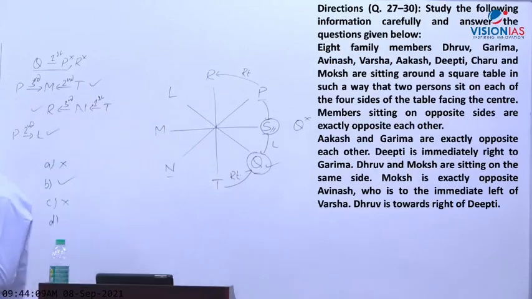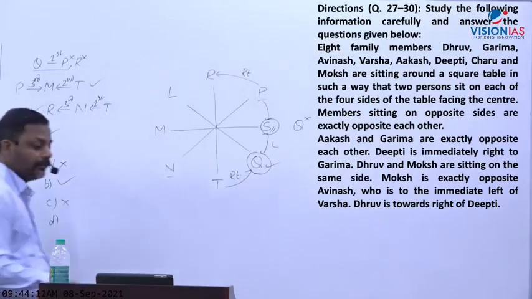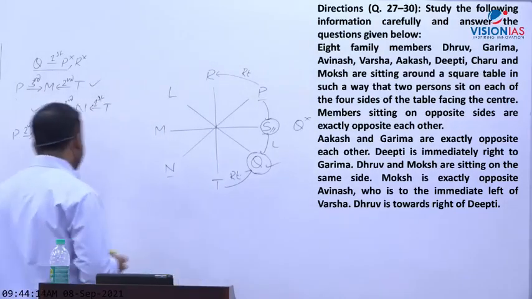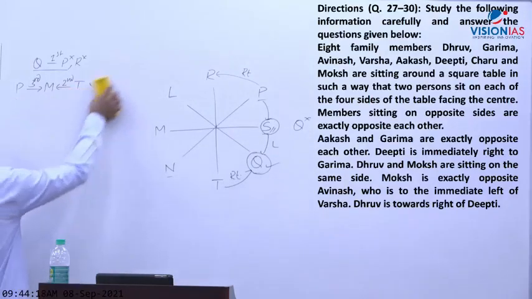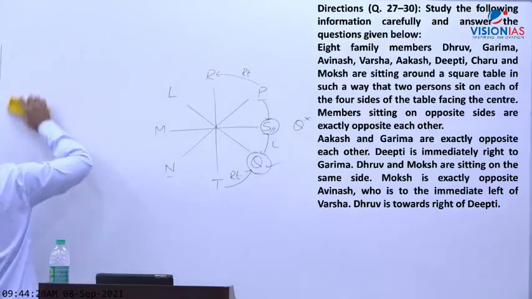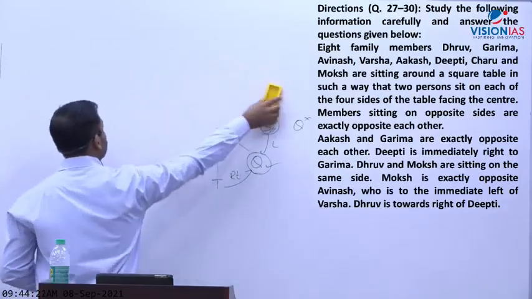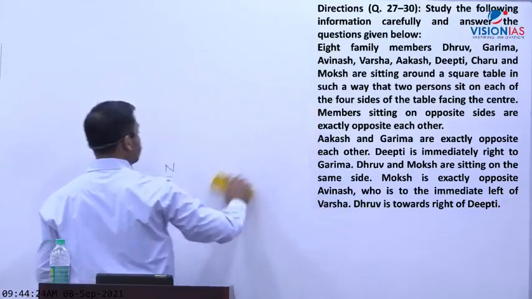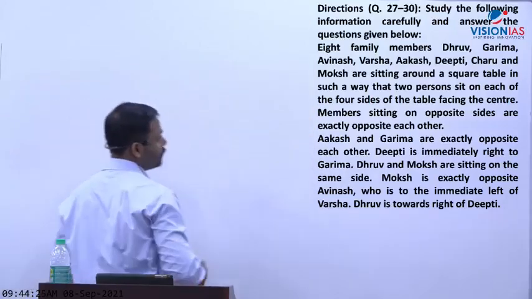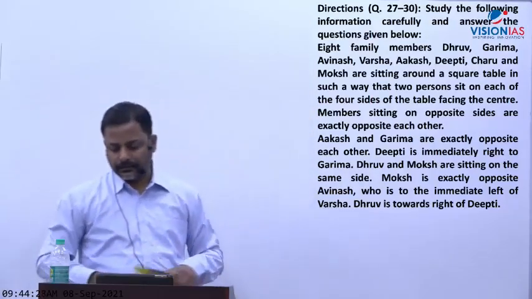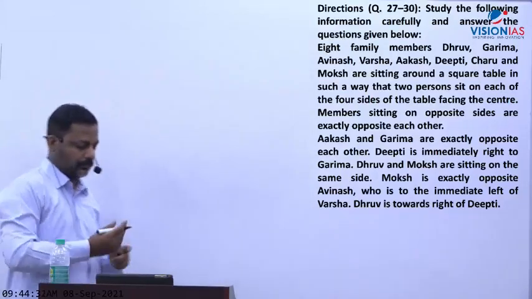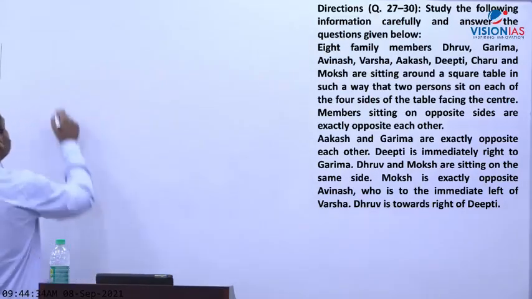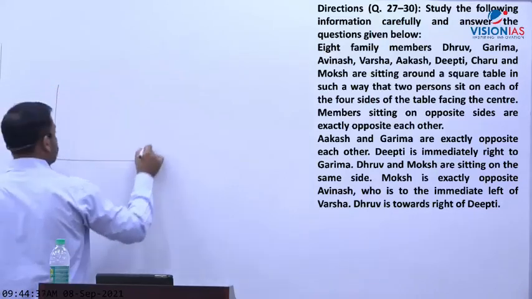Now come to the next formation, which is a case of square arrangement, which comes rarely in your examination, but as per the syllabus of this topic, we should cover it also. That's why we are solving this particular question.